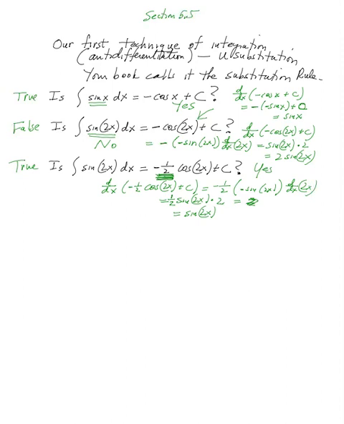Now, let's find the most general antiderivative of sine 2x using use substitution, or what section 5.5 calls the substitution rule. Now, here's what I need to tell you about this first. This is highly symbolic.